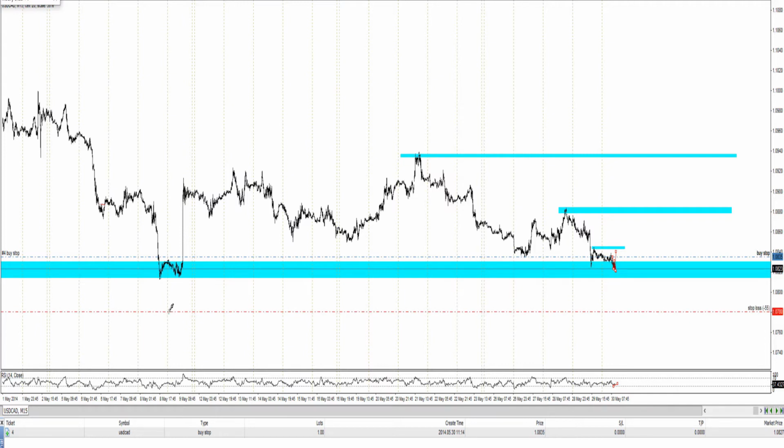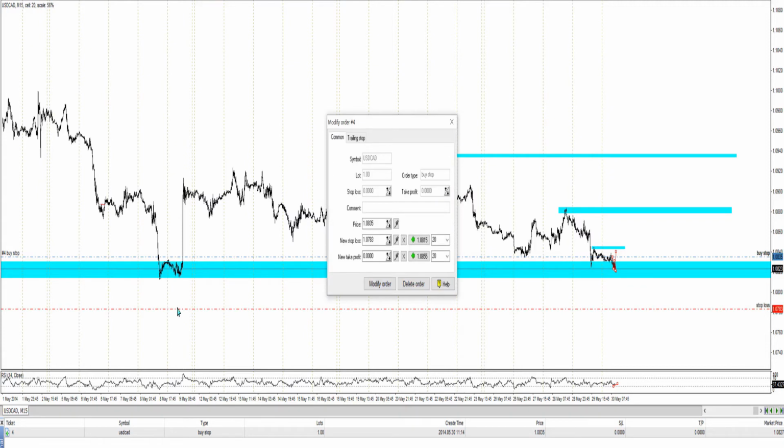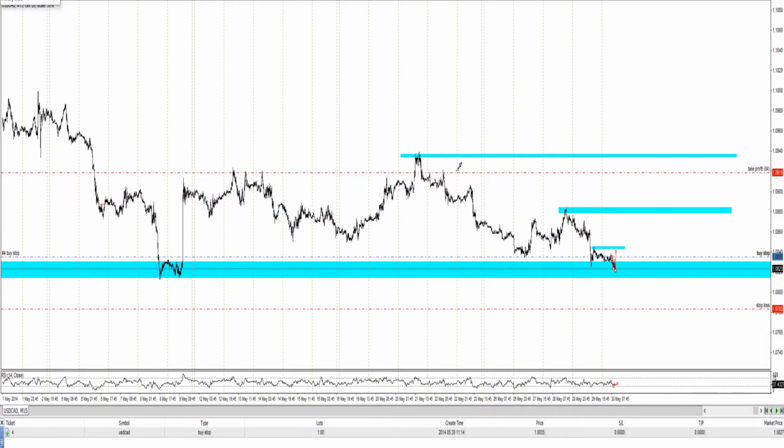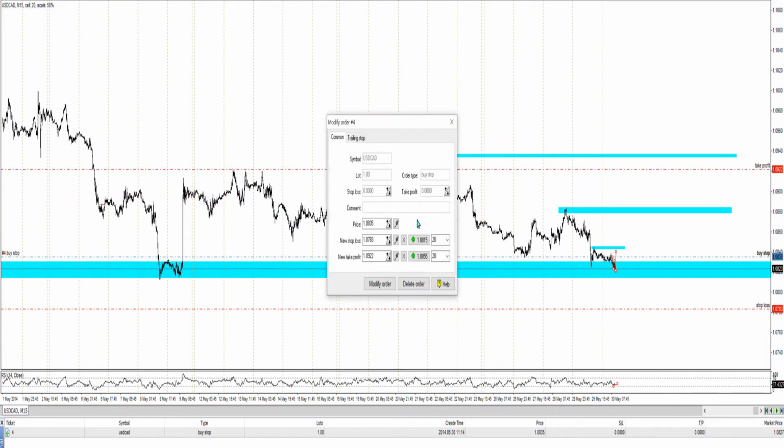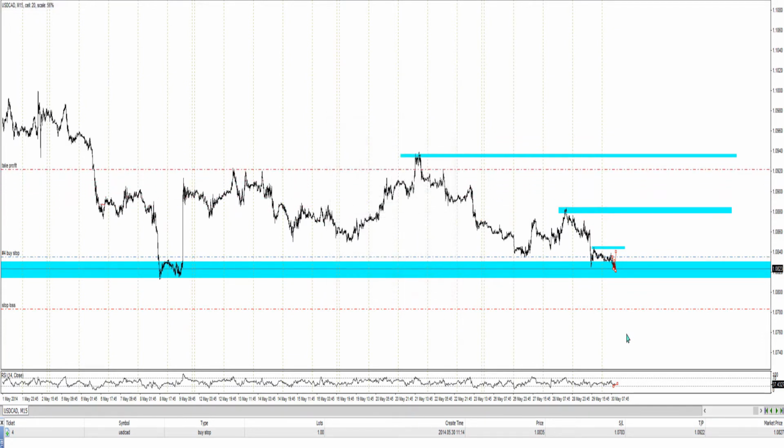So you can just calculate what the pip value is, and at the same time make sure that our take profit is at least double your risk, the potential. It doesn't mean that that's where you're going to take the profit, but make sure that the potential profit is at least double.